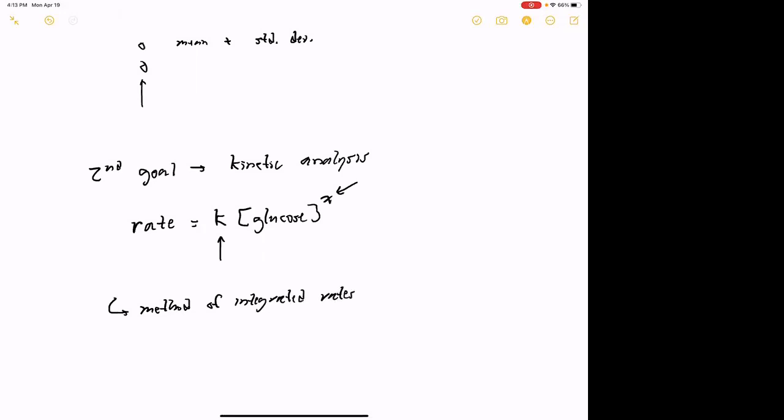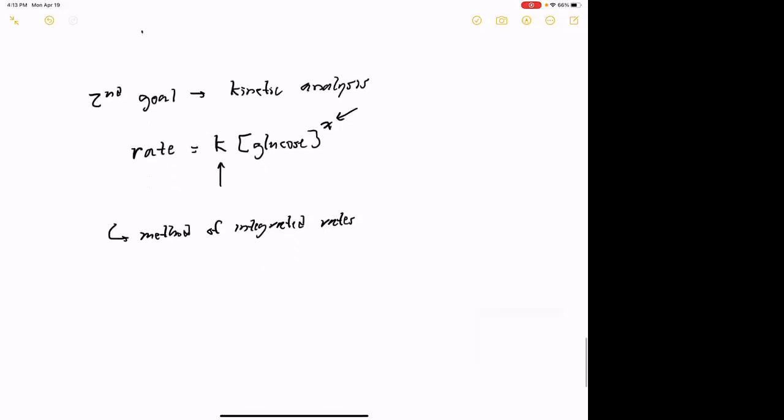Okay. Now, how does that work? What do I need to do the method of integrated rates? What am I going to need data-wise, guys? Anybody remember? Initial concentration, final concentration, and time.